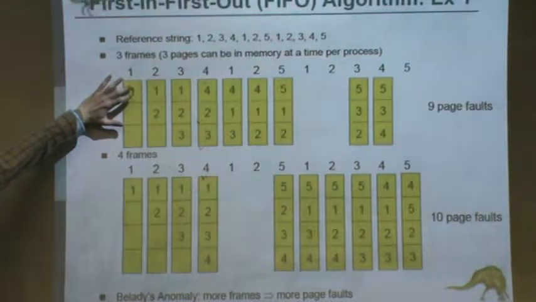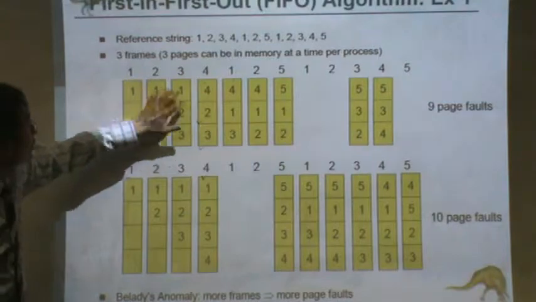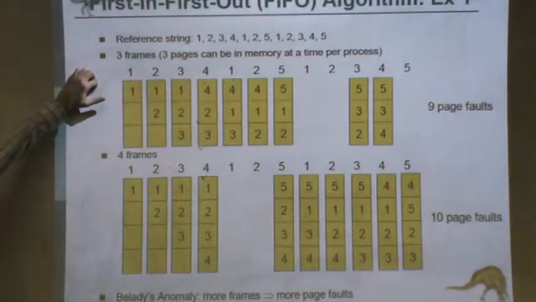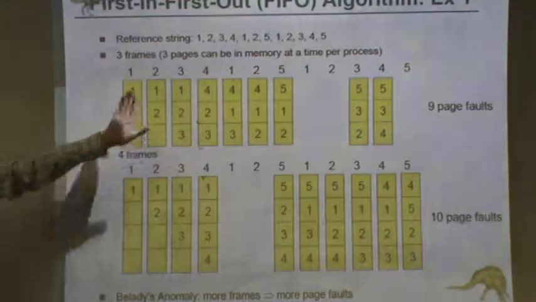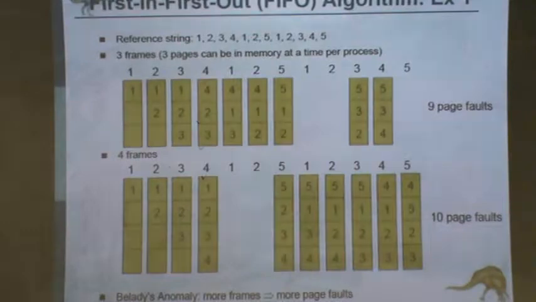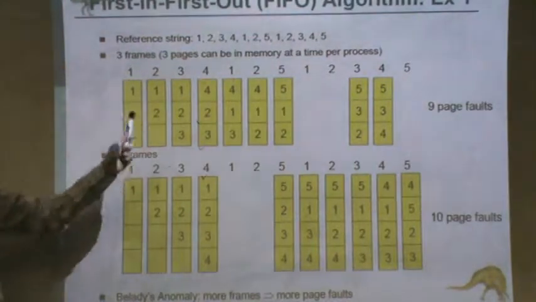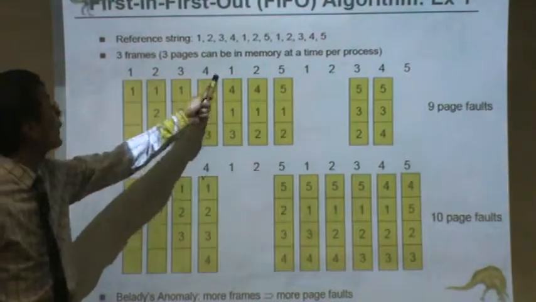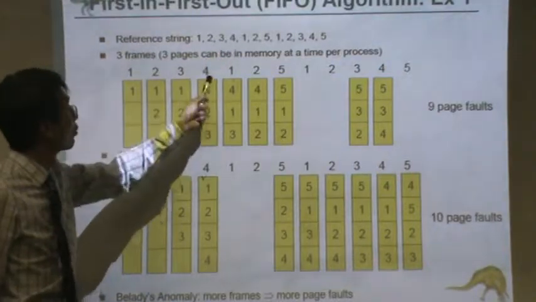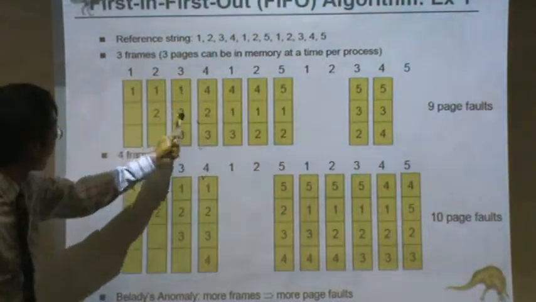Many students ignore the first three pages. Is it a page fault or not? It is a page fault. If you cannot find the page in the memory, it's a page fault, because at the first time there is nothing. So 1, page fault. 2, page fault. 3, page fault.